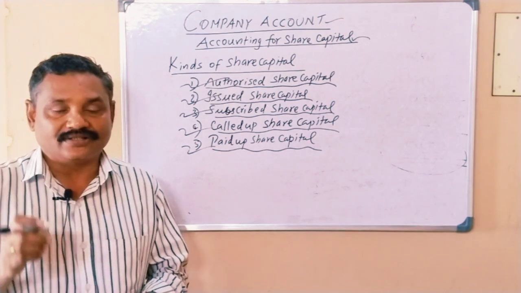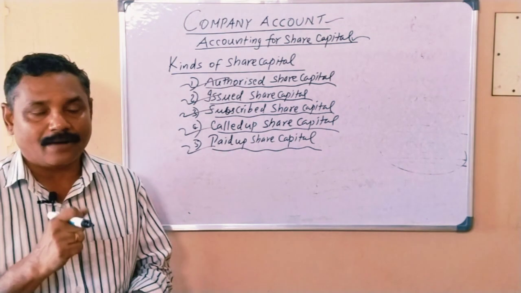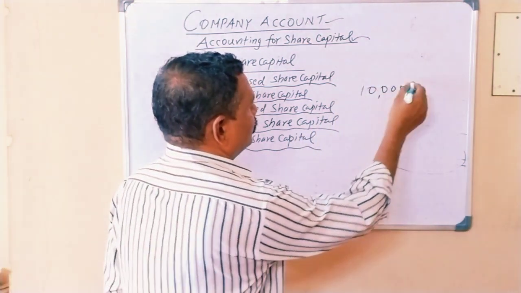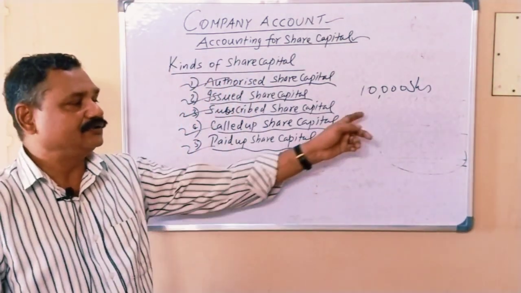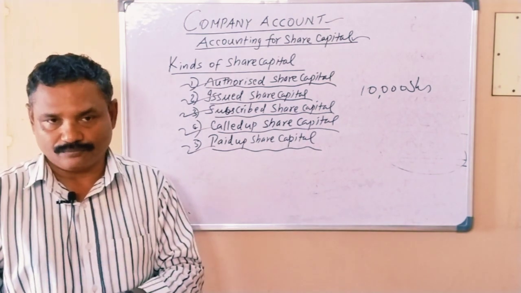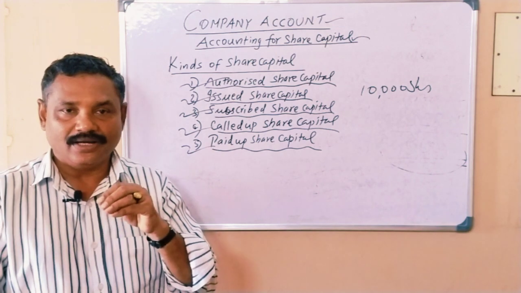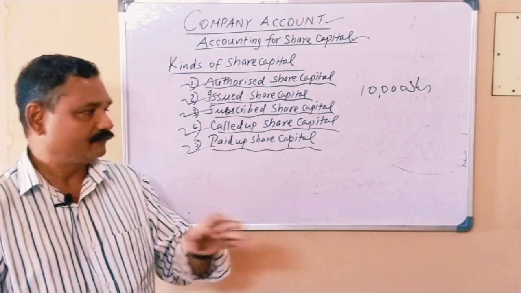Issued capital is nothing but the number of shares offered by the company. For example, a company has 10,000 shares in hand. Sometimes a company will issue or sell the full number of shares, 10,000 itself. Whatever shares they have, they will like to sell.